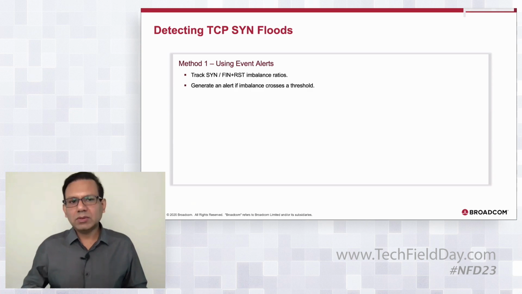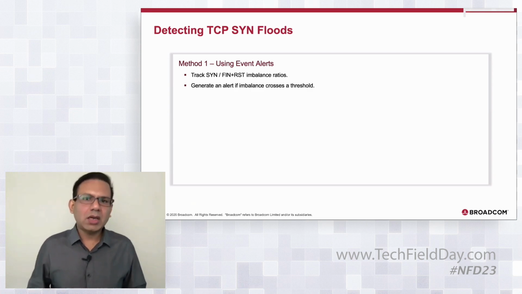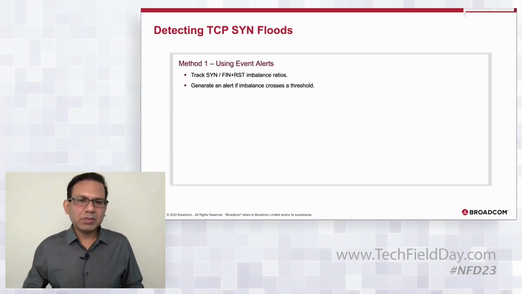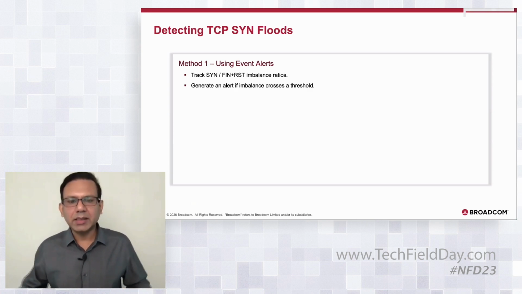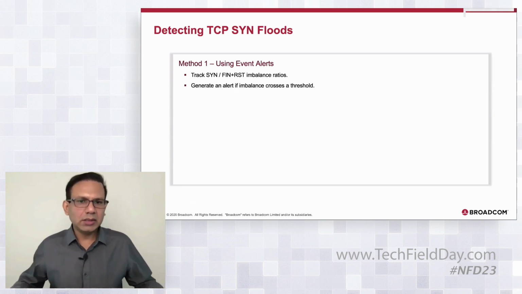So if you see that imbalance going high, you can generate an alert, especially if it crosses a threshold. And that becomes an indication that something is wrong because you're not seeing the parity that you should see. In a flawless network with everyone running legally, the ratio would be 1. But you're going to see this go high if that's not the case.